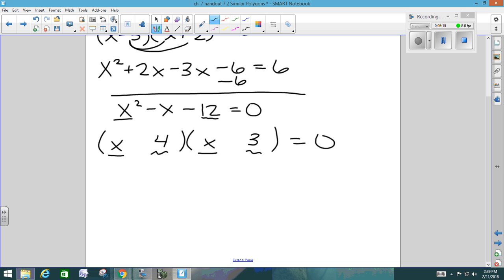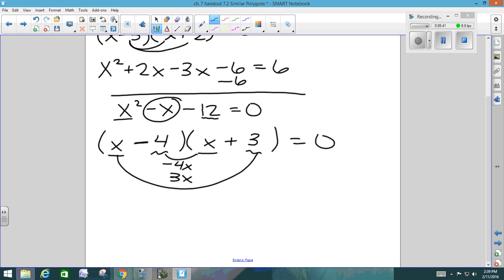Now you check to get your inside term. 3x and 4x. Can I combine those to make -1? Yeah, which one has to be negative? The 4. -4 and +3 gives me -1. So up here I make it -4 and +3.